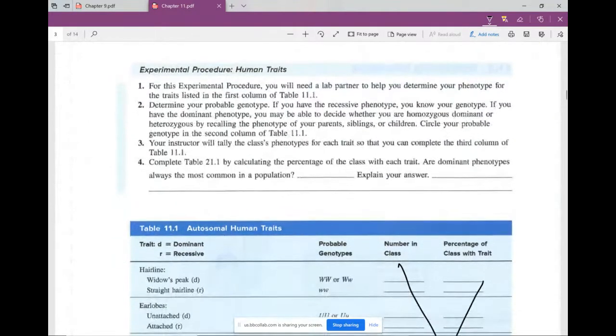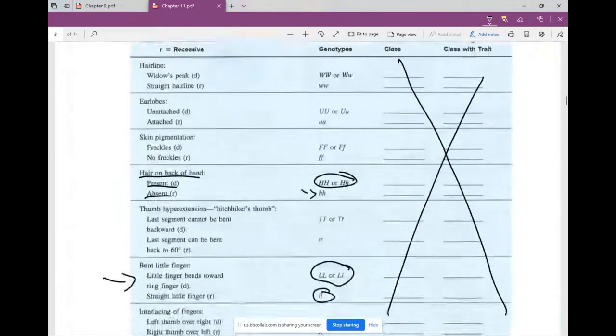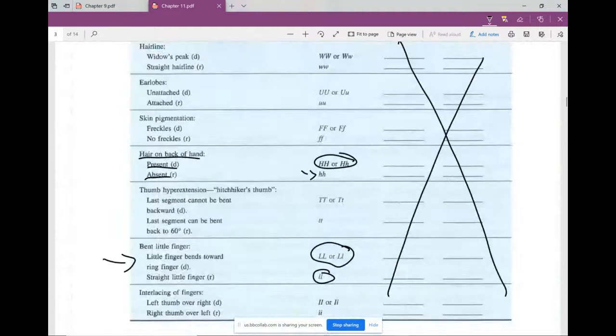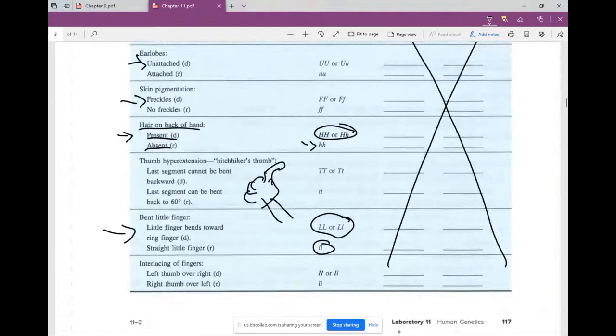So in lab, you would have been comparing yourselves to each other and seeing who's got the widow's peak, who's got attached or unattached earlobes, and freckles, and hairy hands, and does your thumb bend backwards or not? And do you have bent little fingers that bend towards the rest of your fingers?